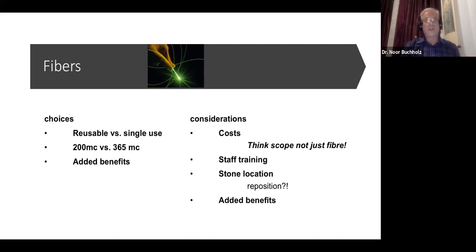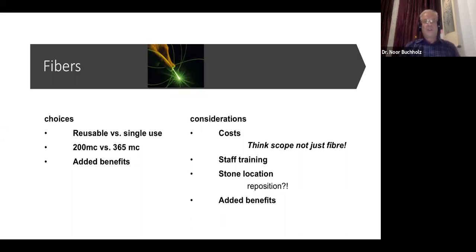If you buy a cheap fiber and put it into an expensive scope, you may find that the cheap fiber damages your expensive scope and you pay much more in the end. Other considerations are the proper training of staff that helps you, and of yourself, of course. Also stone location, the repositioning of the stone, for example, from the lower pole into the upper pole.